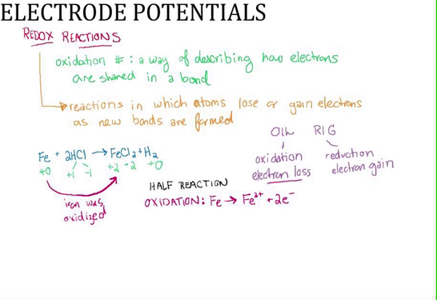Okay, but that's not the only change that's happening in this reaction. Certainly there's more than one thing happening here. And the other thing that's happening here, let me pick a different color, is hydrogen going from being a +1 charge to being neutral, right?